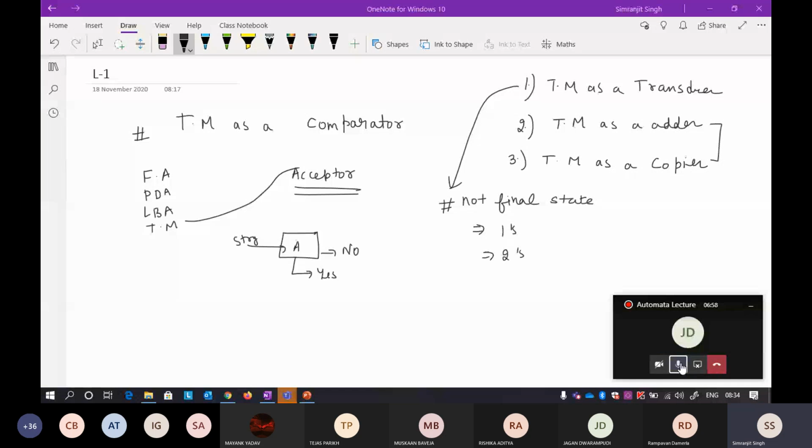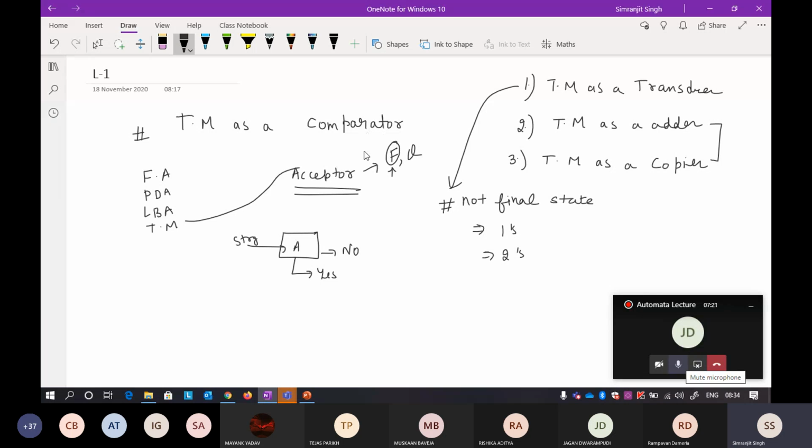Only when the Turing machine is acting as a different mechanism, there will not be a final state. When the Turing machine is acting as an acceptor, there will always be a final state, because in the definition of the six tuple, if you remember, there are a number of states and there is a final state also.